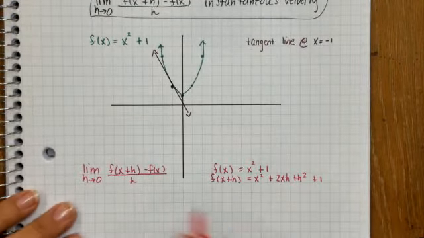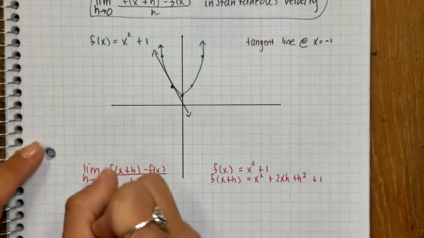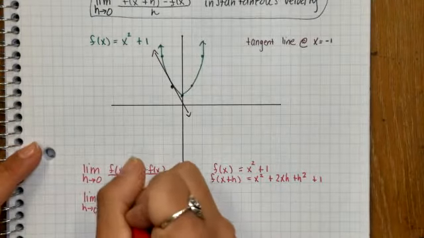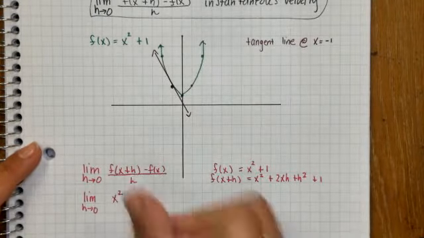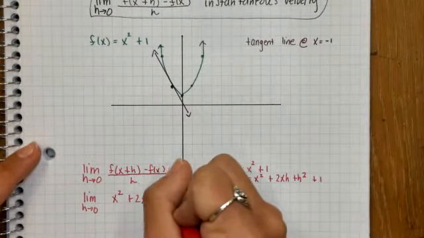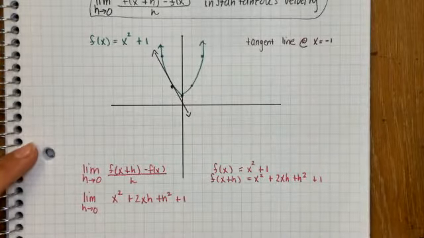So this is going to be the limit as h approaches 0 of f of x plus h, which we just found was x squared plus 2xh plus h squared plus 1.